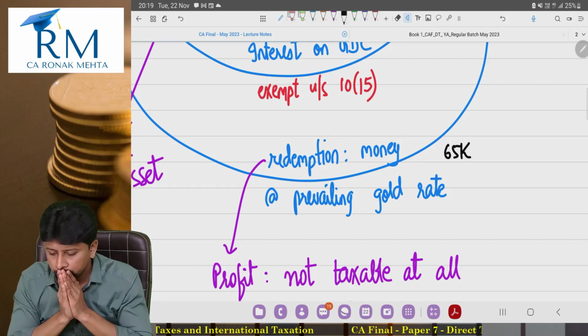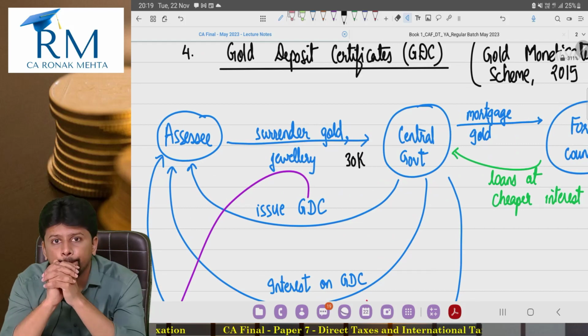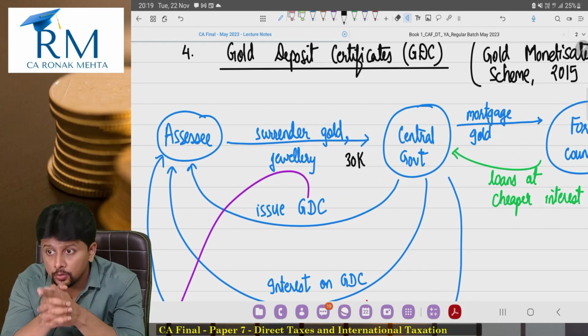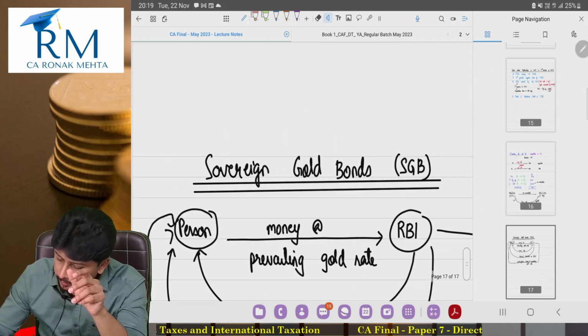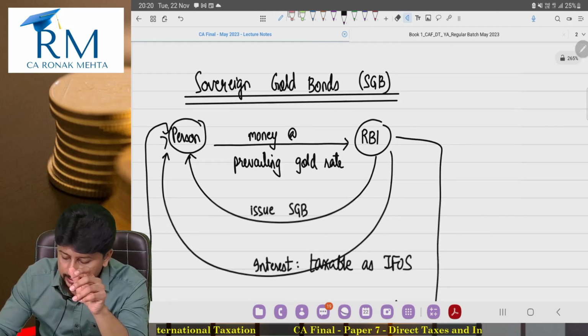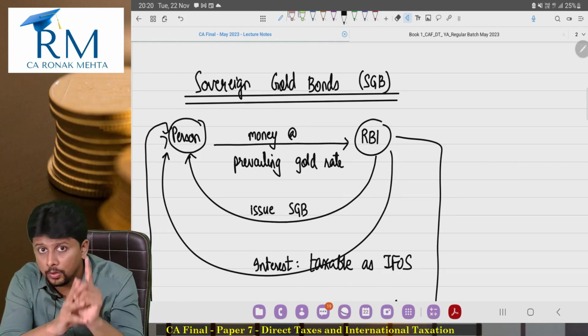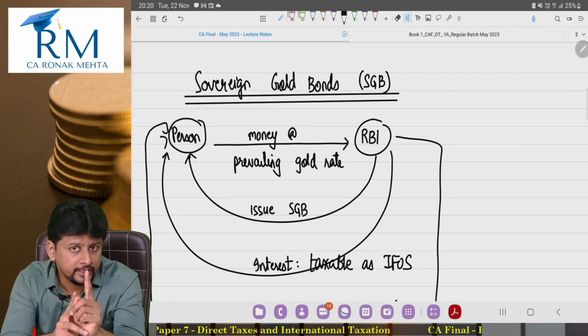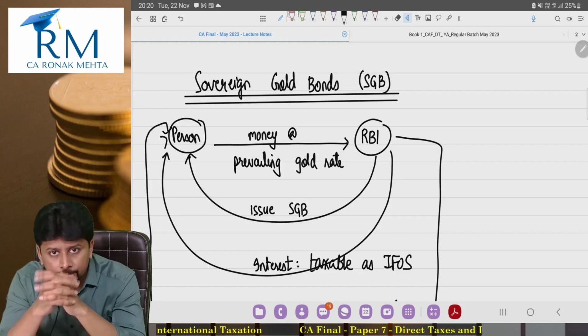But in gold deposit certificates, you are surrendering gold and jewelry. Whereas in sovereign gold bonds, you are paying money. You are not surrendering any gold or jewelry. Gold deposit certificate and sovereign gold bonds are fundamentally different.